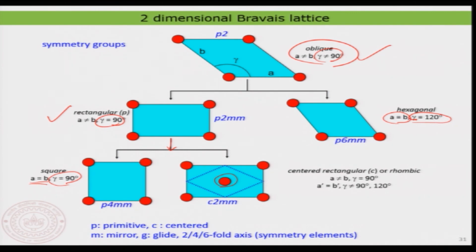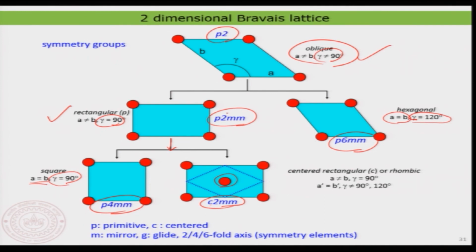Now, the point groups of these can also be looked at. This is called P2, this is called P2mm, this is called P6mm, this is called P4mm, and the last one, the centered rectangle, is known as C2mm, where P represents primitive, meaning it is a primitive cell with only one atom in the cell, and C represents a centered cell.